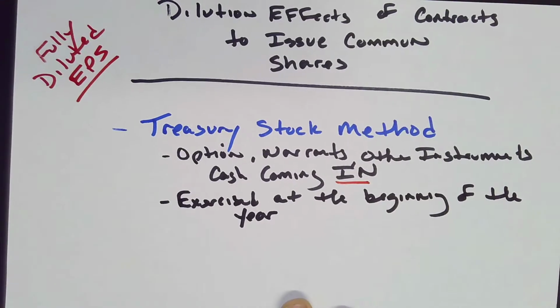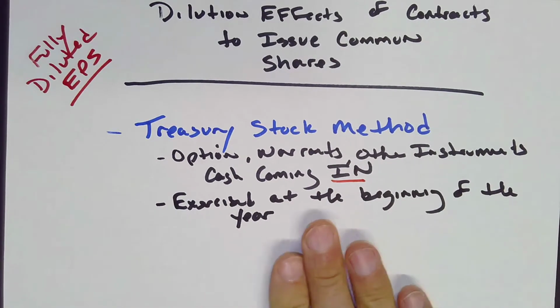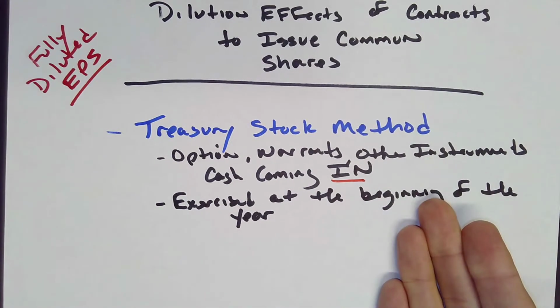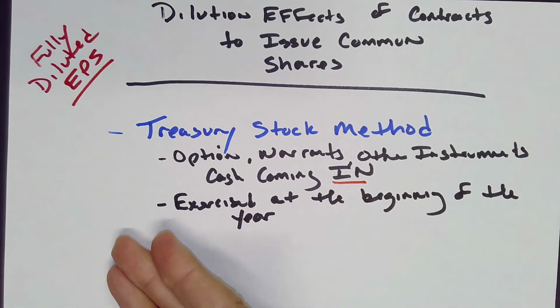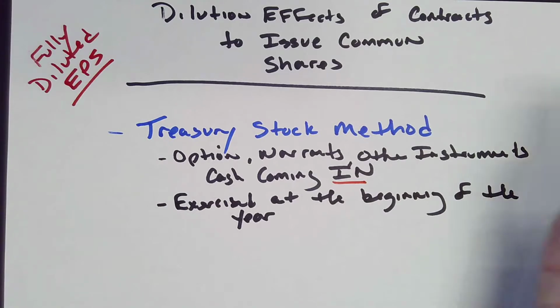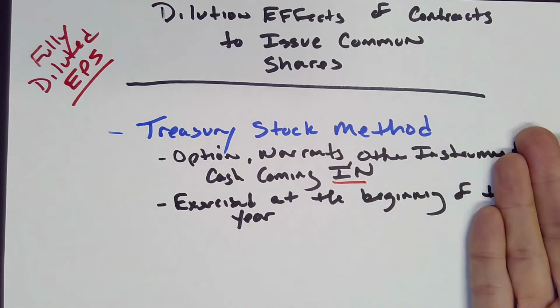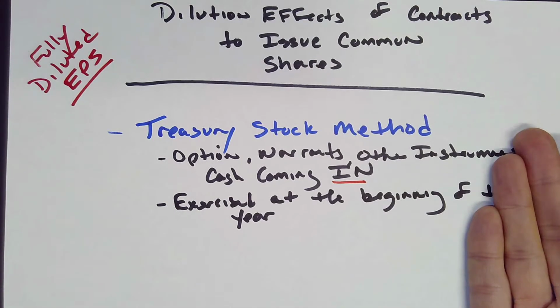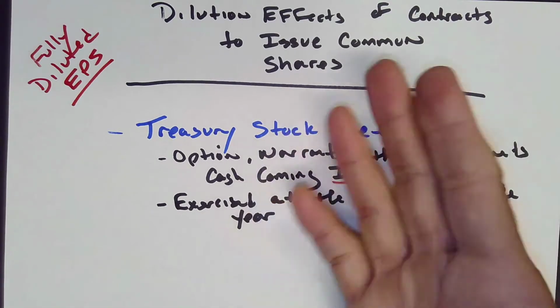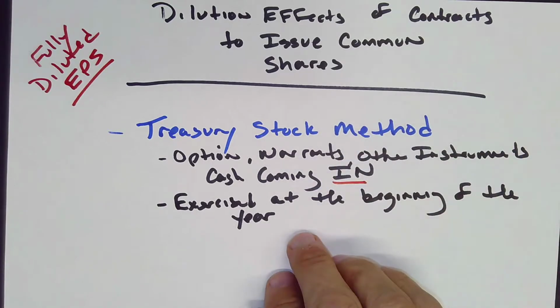Right? And if we think about exercising an option, well, how do they do that? Well, they are going to give us cash, and we're going to give them the equity. Debit cash, credit common stock or additional paid in capital, whatever, it doesn't matter. Largely irrelevant. We're going to credit equity.